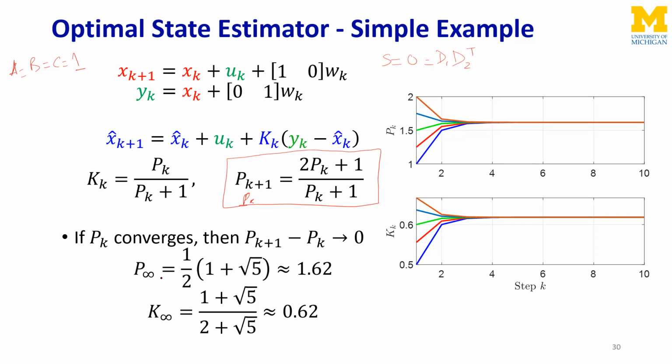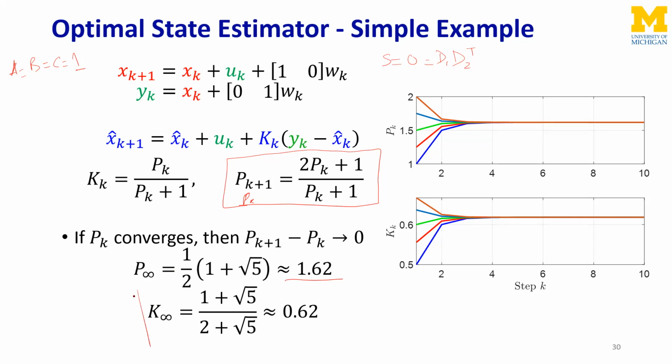So we can find out what the state error covariance converges to in this case. Your state error covariance is going to be 1.62. And with the converged state error covariance P infinity, I can calculate what the optimal gain is going to converge to.